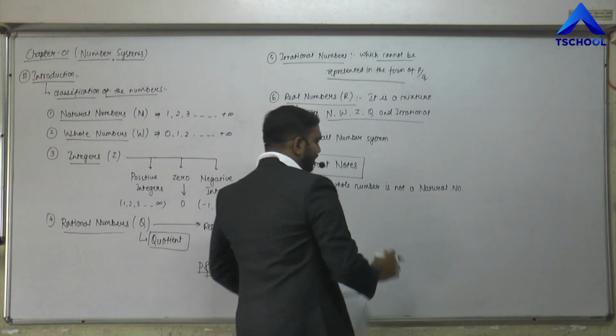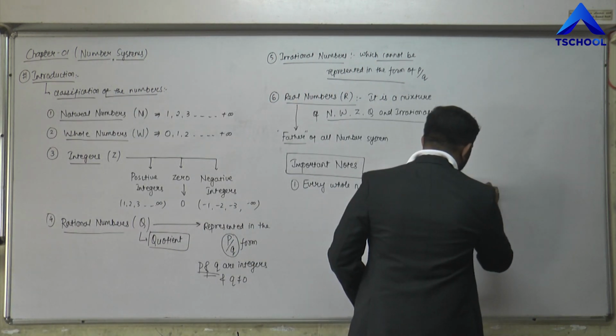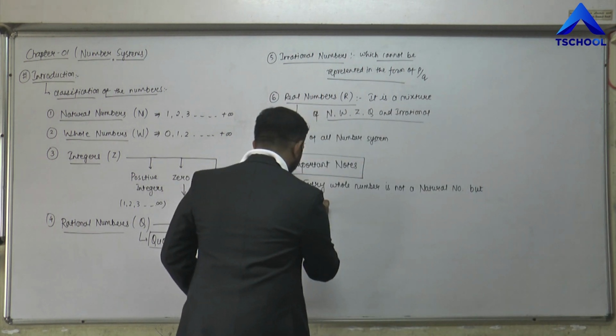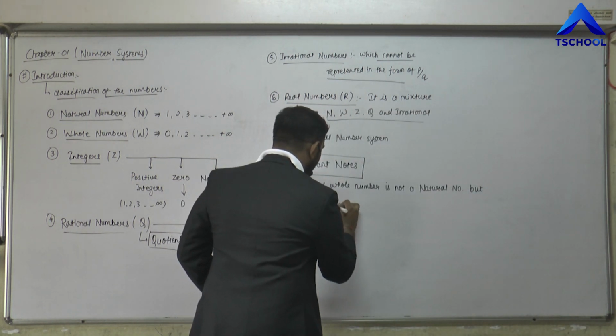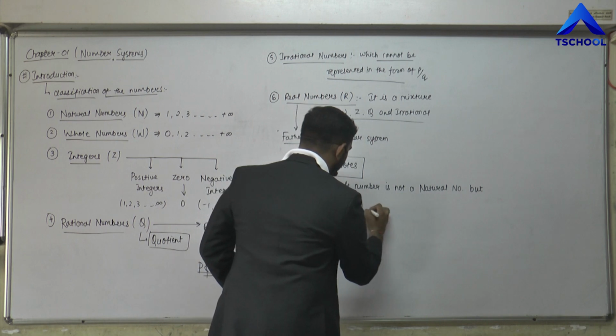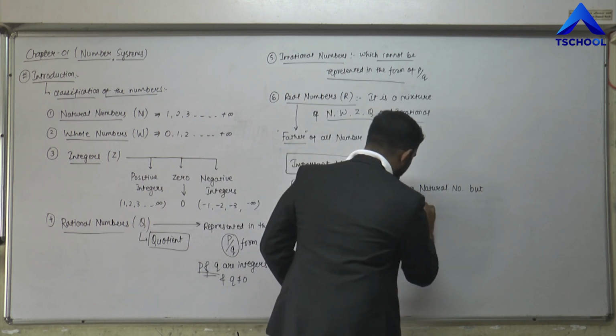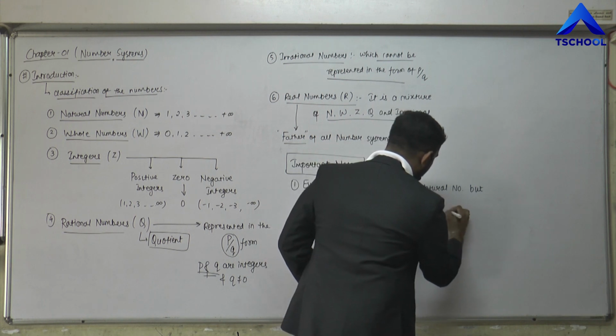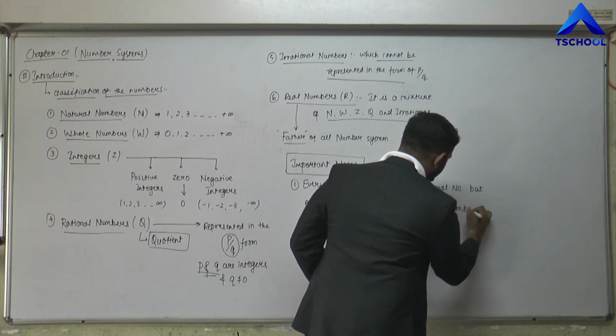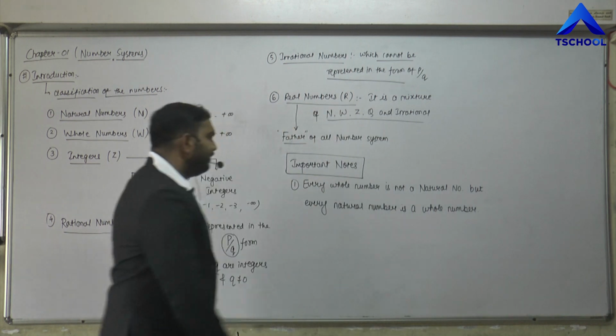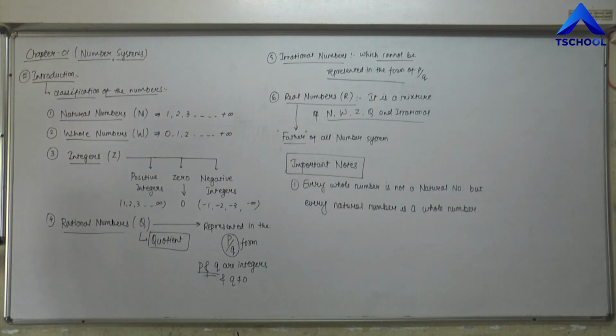So every whole number is not a natural number, but every natural number is a whole number.